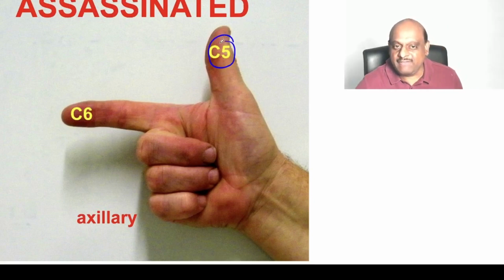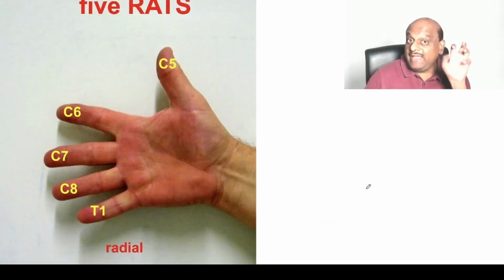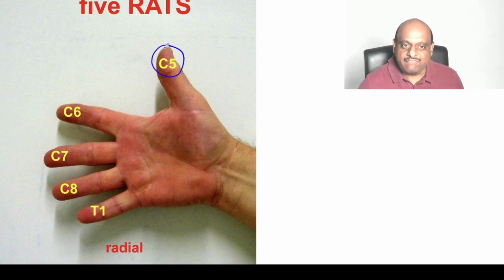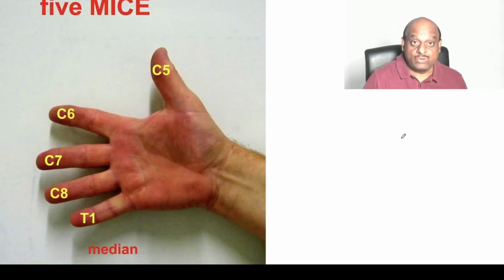That is C5, C6 is axillary. Got it? Then 5 rats, C5, C6, C7, C8, T1. That is radial. The root values.